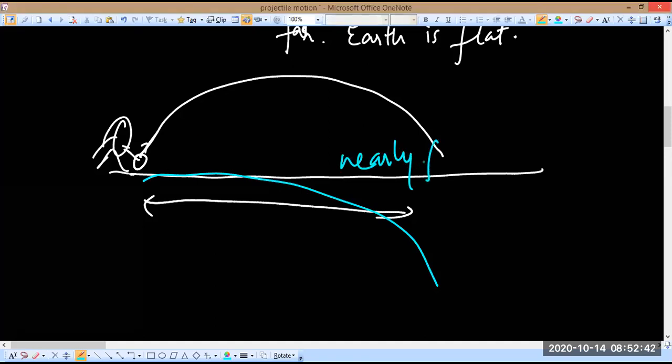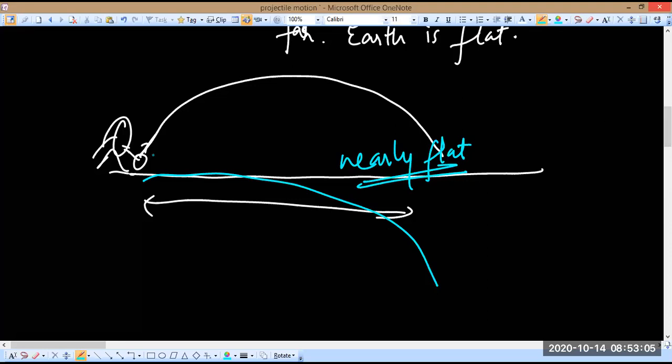I know it's not flat. I'm not saying that earth is flat. Don't go back saying that sir taught us earth is flat. Earth is definitely a sphere, or spherical.